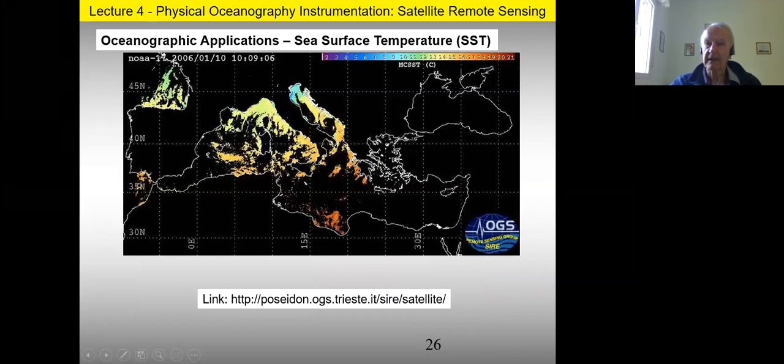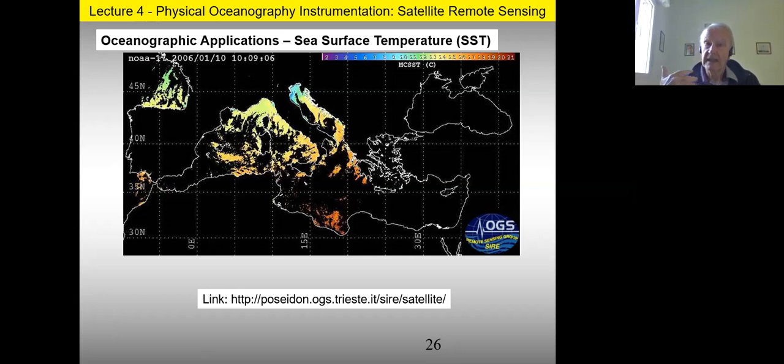You can see that there are now a huge number of zones which are covered by clouds. All these black zones are cloud covered, and it depends also. If you do your measurements during the summertime, obviously your coverage will be much better than during the winter time.